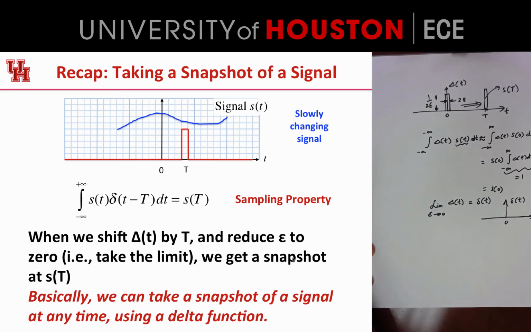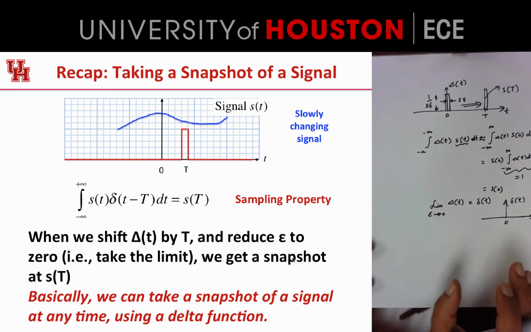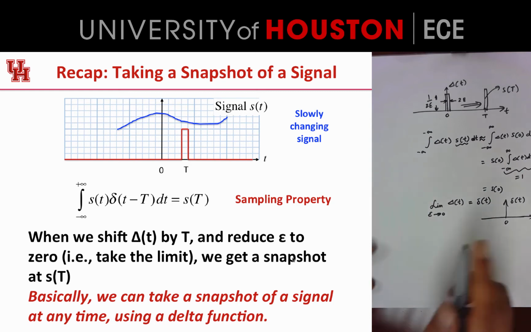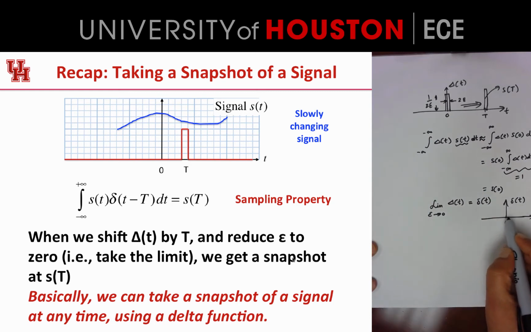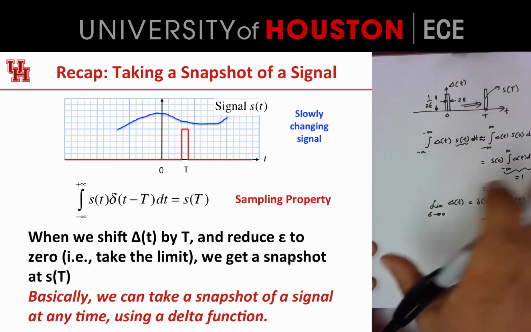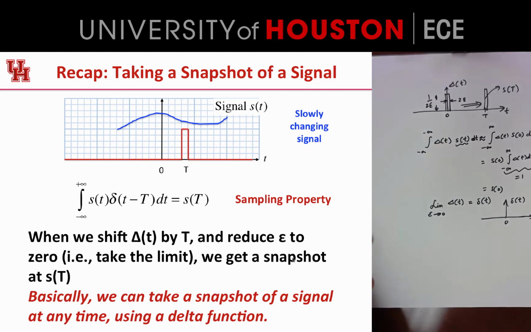So what this is telling us is that we have the ability to take the snapshot of a signal at any point in time, and we use the properties of the delta function in order to be able to take a snapshot. We can do that for any smoothly varying, or slowly varying, signal.